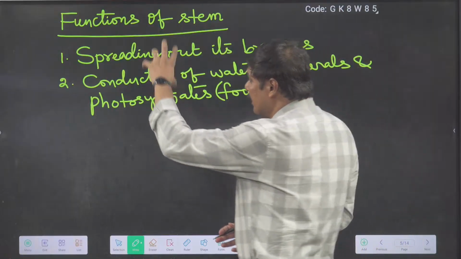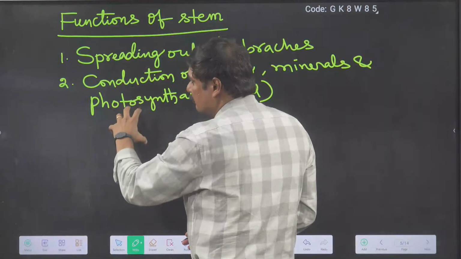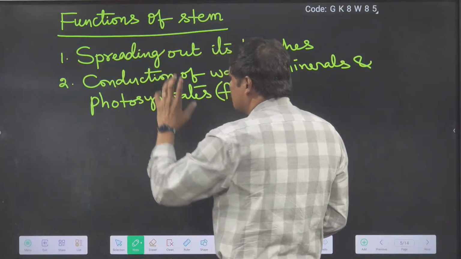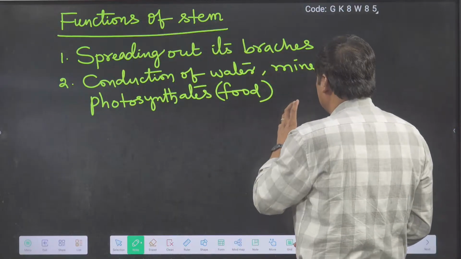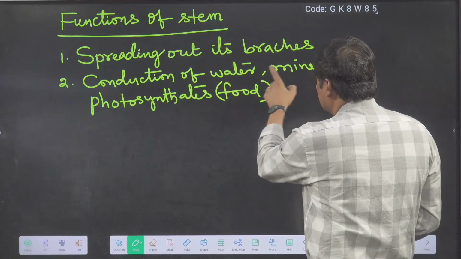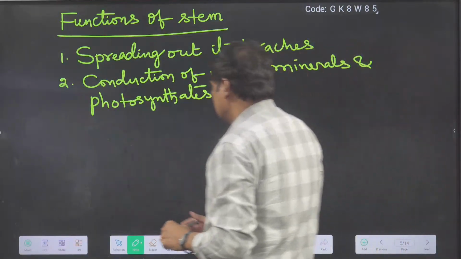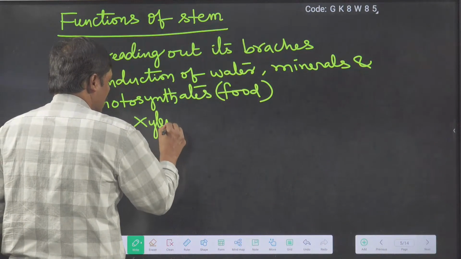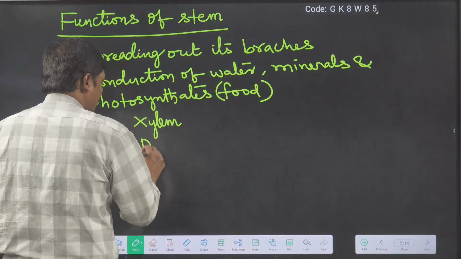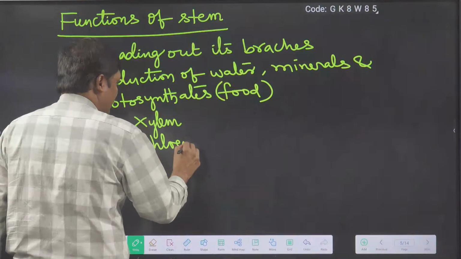These are the main functions of the stem. One is spreading out its branches. Second one is conduction of water and minerals. These two are conducted through xylem. Xylem is a water conducting tissue, and phloem is a food conducting tissue.